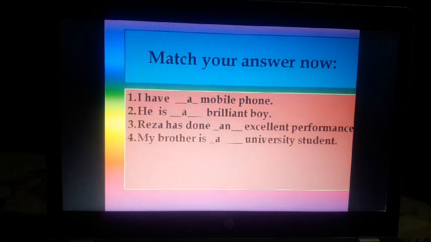My brother is a university student. Why? Because university is pronounced as yu. The last one, Akash takes an hour to go to school. Why? Because H is silent in this word.